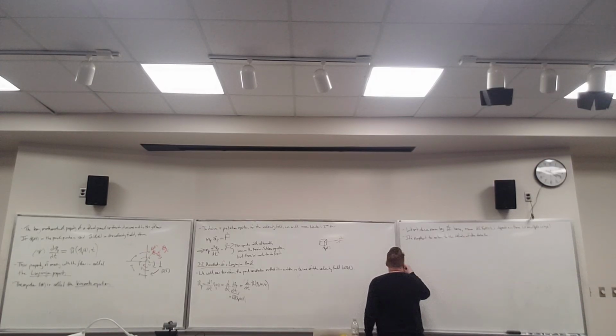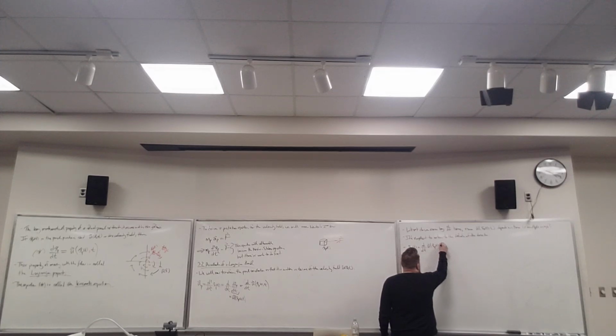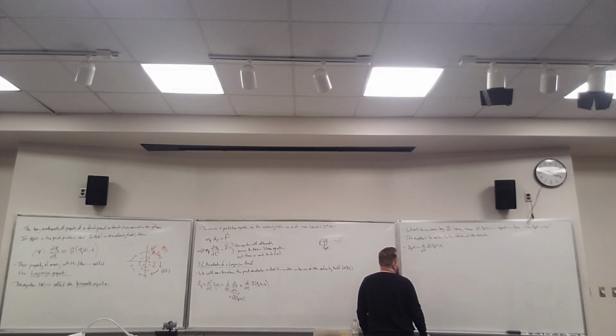So, we have the acceleration of the particle, which is a function of time, equal to d by dt of u of the position of the particle and also its own intrinsic time dependence.